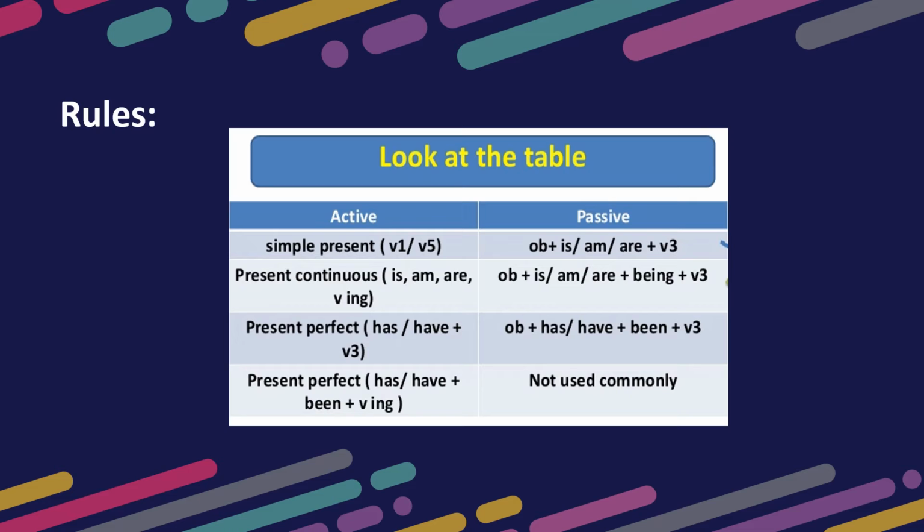Now when we are changing it into passive voice, the object will come first, then is, am, are, then we use being plus the third form of the verb. Present perfect tense has has and have plus the third form of the verb, but when we are changing it into passive voice, we will use the object first, then has and have and been with the third form of the verb.